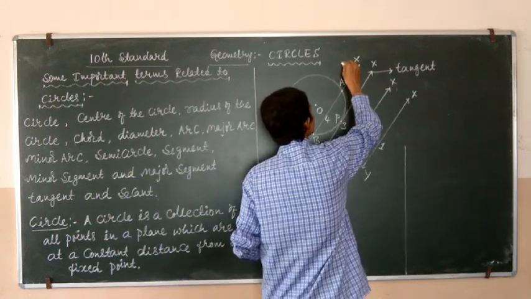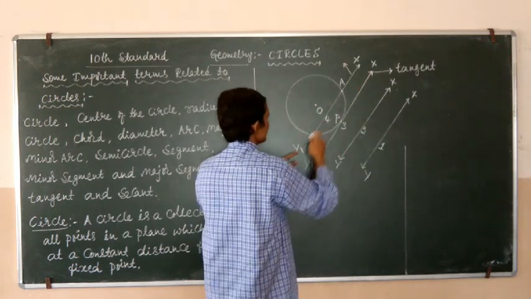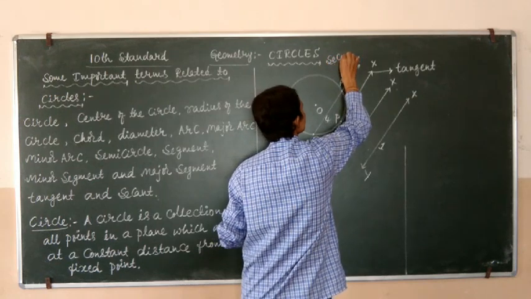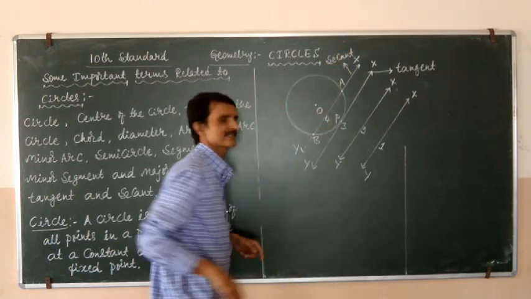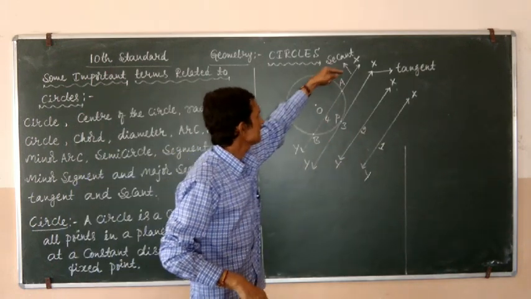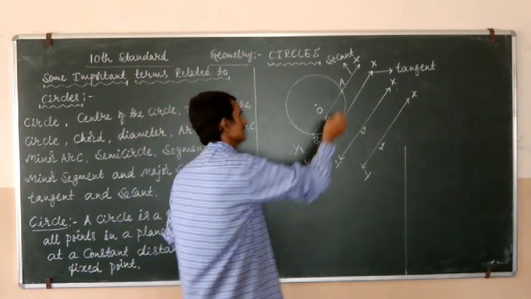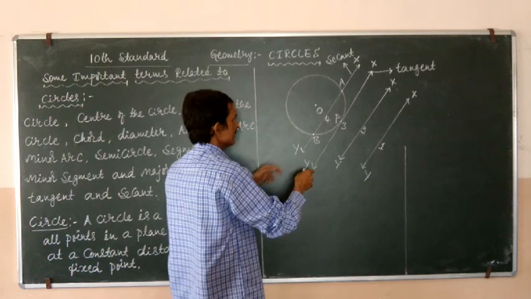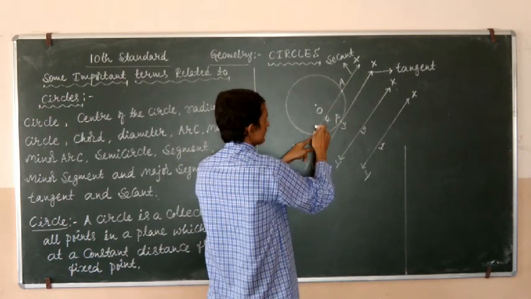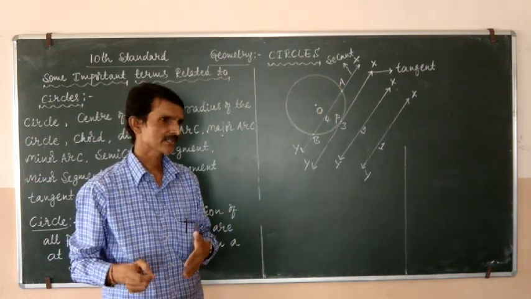Whereas in case of this XY, here the XY is called as secant. It is called as secant. The same line segments. So here it is called as secant because this line segment intersects the circle at two different points or two distinct points.